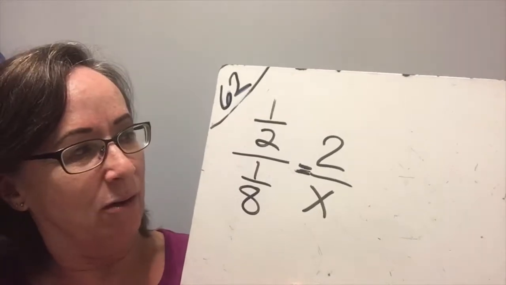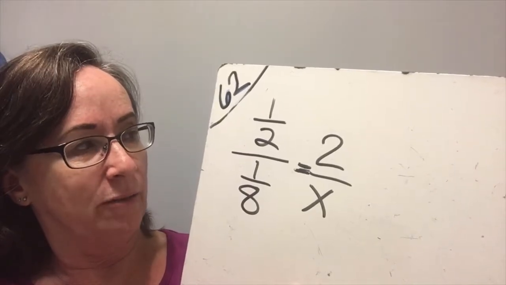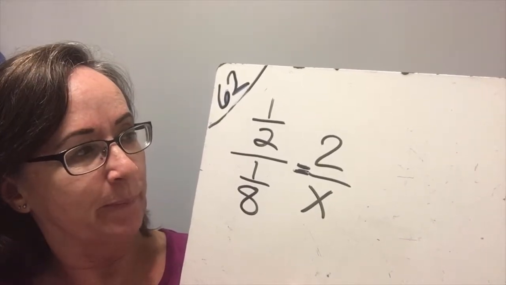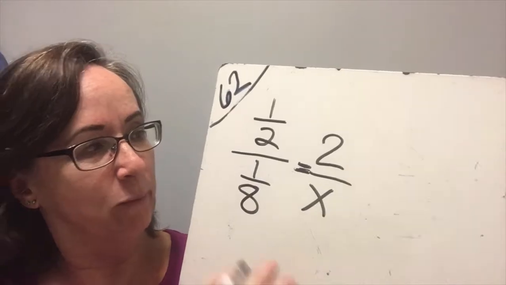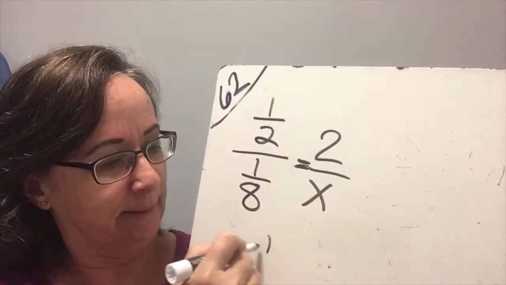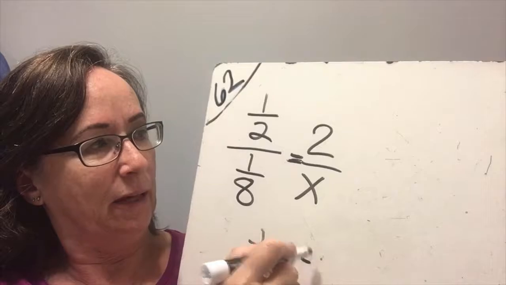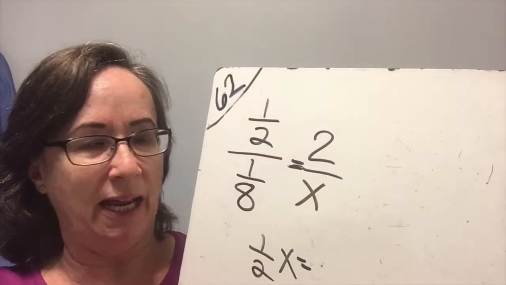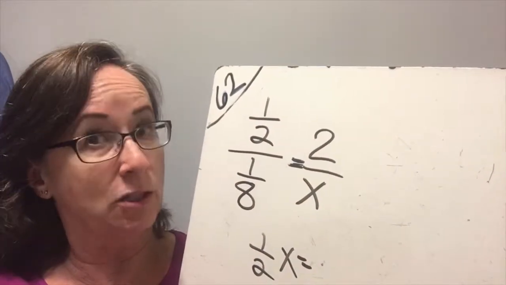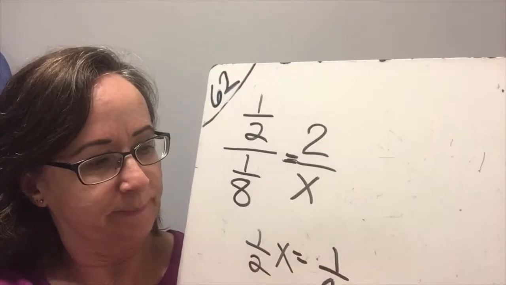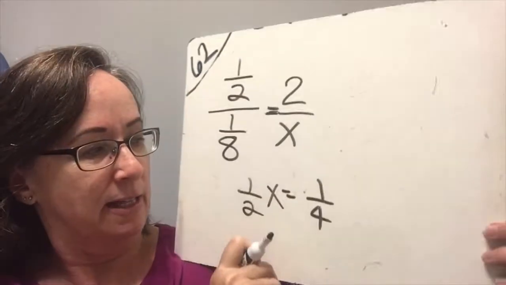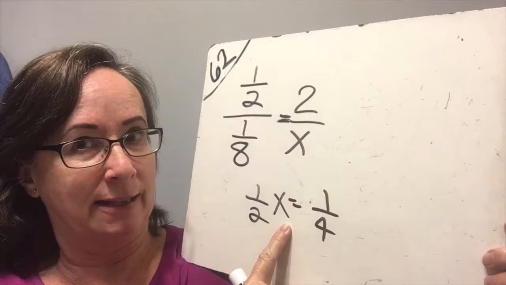Okay, so now we can do this by cross multiplying. And when we do it, we're going to get 1/2 X equals 2 times 1/8 is 2/8, which is 1/4. Okay, so you might can tell what X is right now.